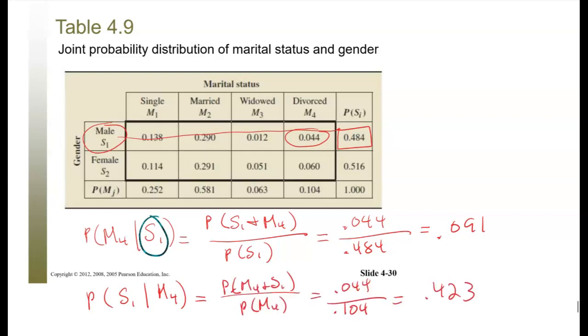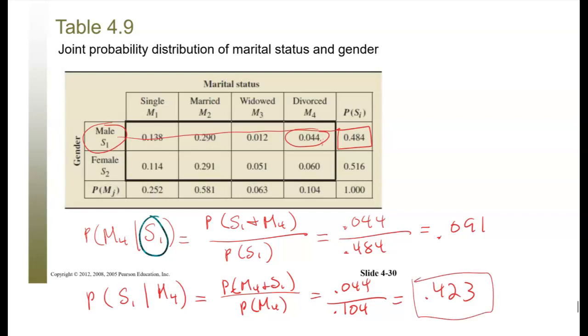Okay, so obviously, whether you have S1 and M4 or M4 and S1, notice the numerator stays the same. That probability still comes from the cell of 0.044. That probability stays the same. What changes is our condition. And our condition here, the probability of divorced, is 0.104, which leads this to a much greater probability.